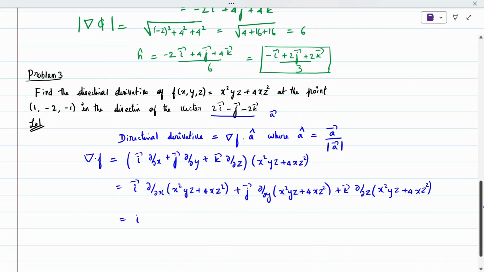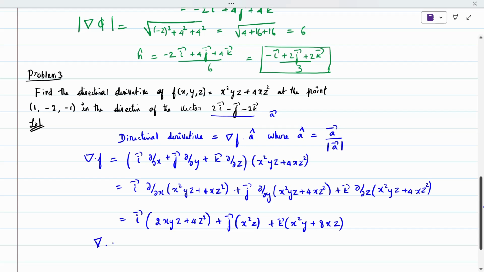So it's nothing but i vector, dou by dou x. x appears in both terms, so it is 2x y z plus 4 z squared, plus j vector. y appears in only one term, so x squared z, plus k vector. z appears in both terms, so x squared y plus 8x z. So that's completed. Now we have to substitute at 1, minus 2, minus 1.